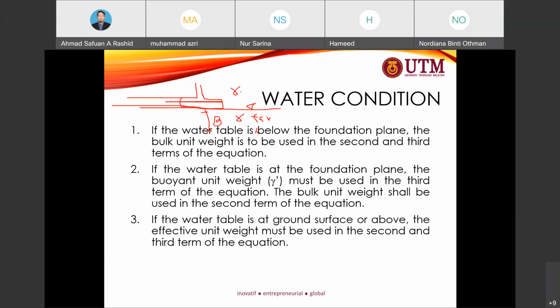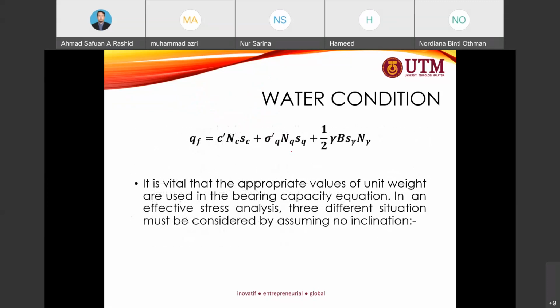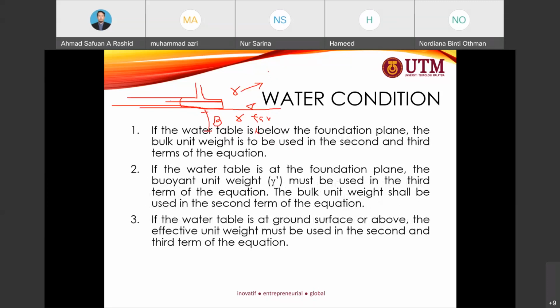For example, this contributes to sub-equation number 2, which is the NQ term, while sub-equation number 3 is for the N gamma. So that is condition number 1.